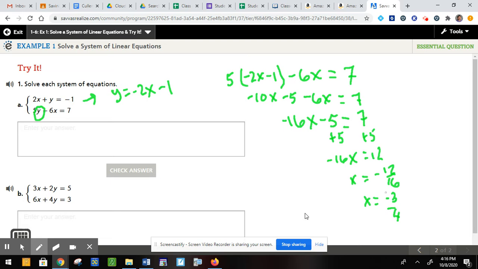All right, when I go and solve for the y, I'm going to substitute it in right here. So I've already solved for y. So I'm just going to substitute in the x, and the work is essentially done. So y is equal to negative 2 times negative 3/4 minus 1.